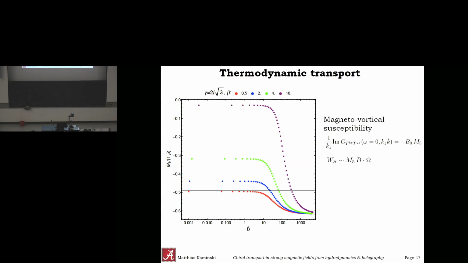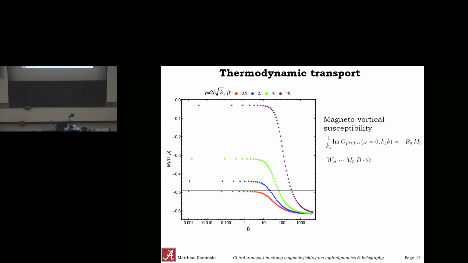Quick review of the results. This is the magnetovortical susceptibility. When you put in a magnetic field and you spin your thermal plasma in that, and you observe a current, this is the thermodynamic response coefficient, on a logarithmic scale over the normalized B over T squared, which we call B twiddle.